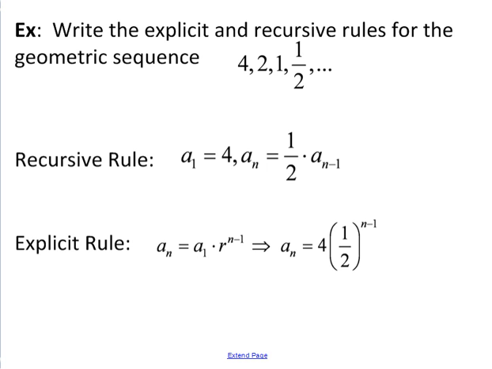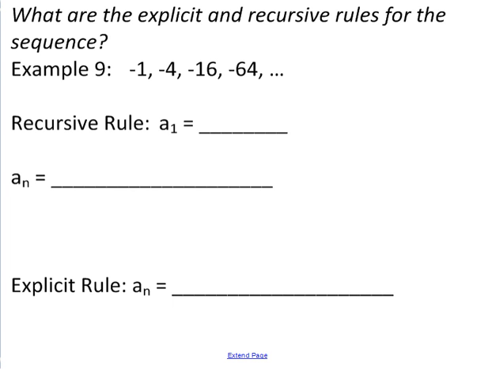Another example with geometric sequences. Okay, so we need the first term. First term is negative 1. We need the common ratio. What are we multiplying by? We are multiplying by 4 raised to the n minus 1.